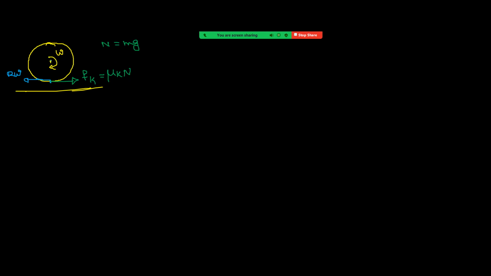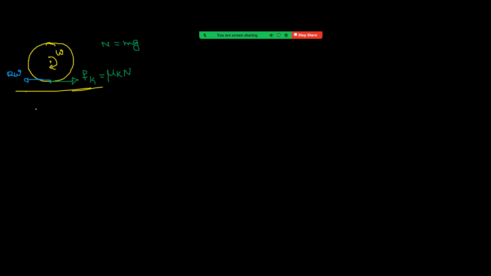Right. Now focus carefully. When we are placing this wheel on the ground, for the center of mass, there is no velocity, right? And if you focus on the body horizontally, the net force is the frictional force. Therefore, the center of mass has acceleration, which is a constant, because the frictional force, which is kinetic friction, is a constant. Mu k is a constant, N is a constant. So the net force on the wheel along the horizontal is a constant.